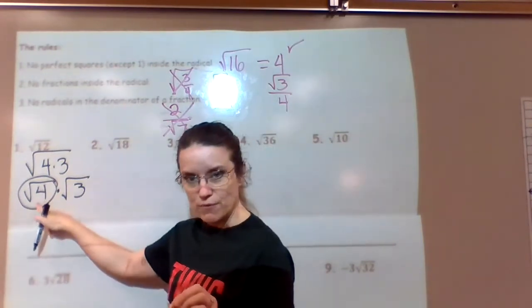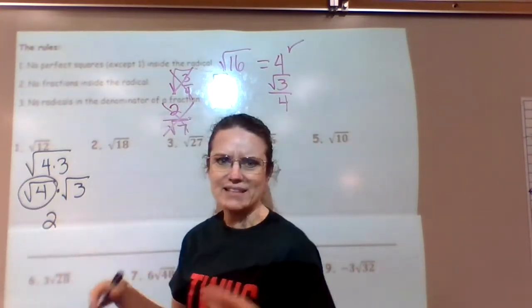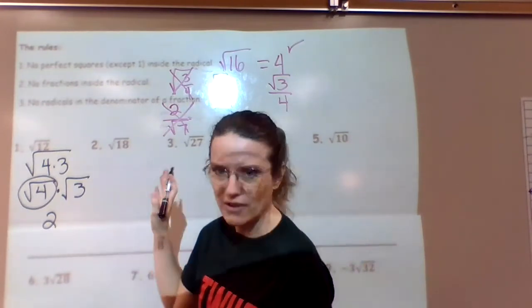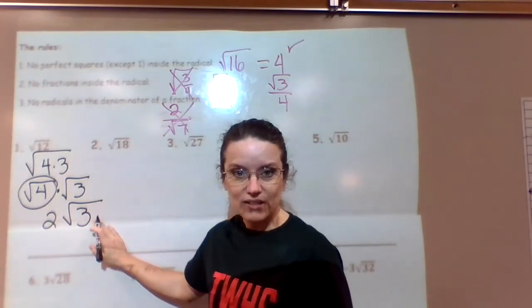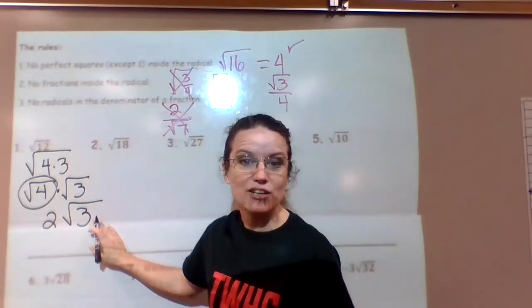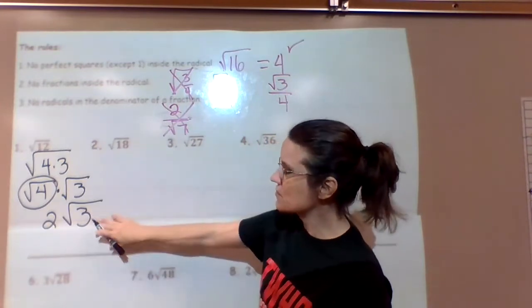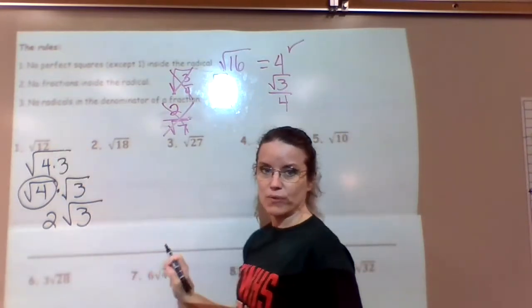So the square root of 4 becomes 2, and the square root of 3, well, that's some ugly number, 1.4 something or other, I don't remember. And so you can just leave it as a radical and never have to actually know what the decimal is until you have to get out your calculator and do it. So this would be the simplified radical for the square root of 12.